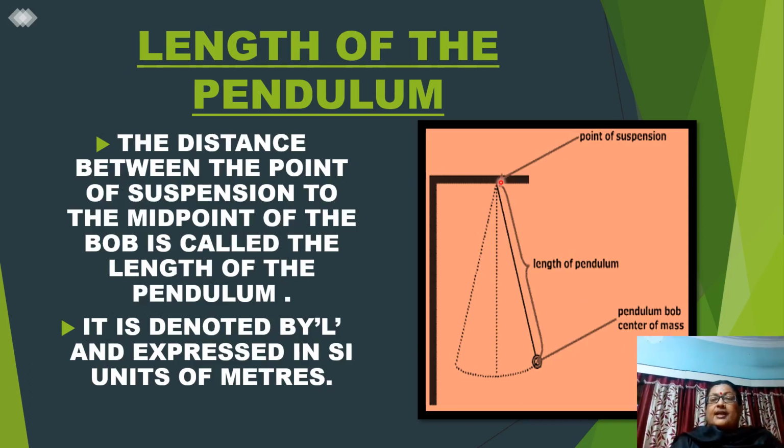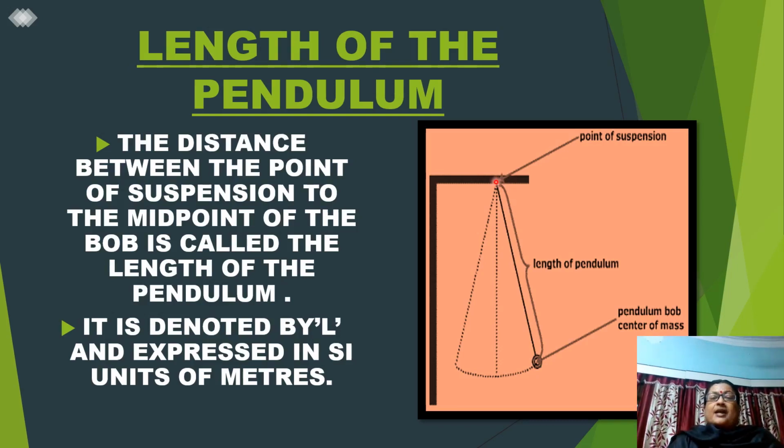Now, if you look at the pendulum over here, three positions have been shown. One is here, the other one is here, and the other one is here. Again, this is the point of suspension for us. The thread that we are tying starts from here, at the point of suspension. What do you call as the length?